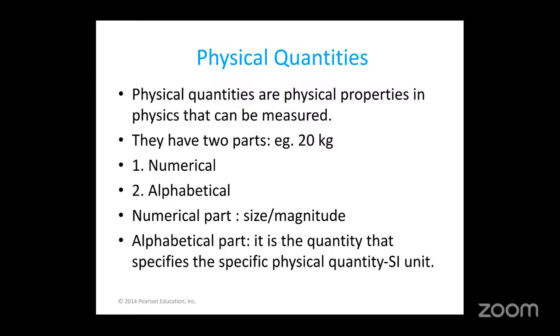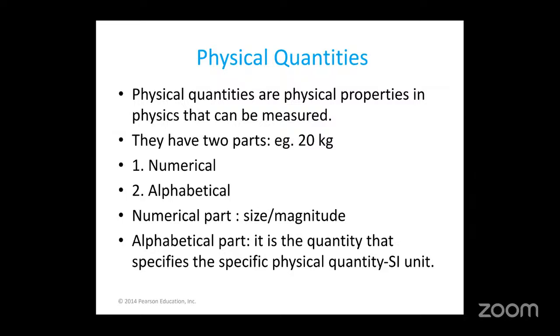We have the numeric part, and then we have the alphabetical part. The numeric part tells us of the size, the magnitude, the amount that was measured, while the alphabetical part tells us about the unit. That is the specific physical quantity that was measured.